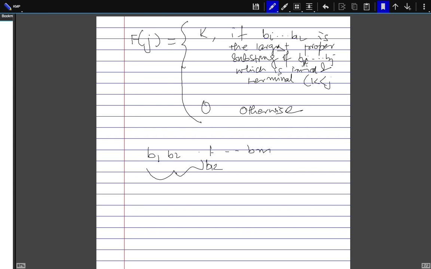So to write the pseudocode for this, we say for j equals 1 to m minus 1, i equals f of j, right? Now we need to find out whether there is a mismatch.